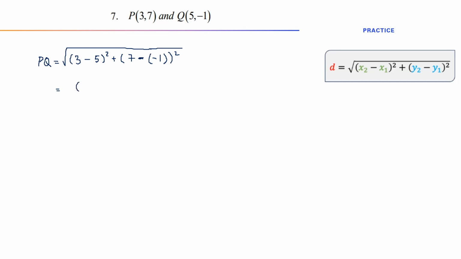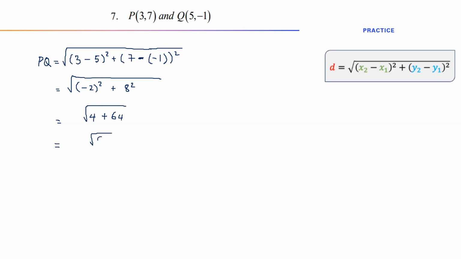So 3 minus 5 is negative 2, square, plus 7 add 1, minus negative 1 is plus 1, so 8 square. This equals 4 plus 64. Take the square root.